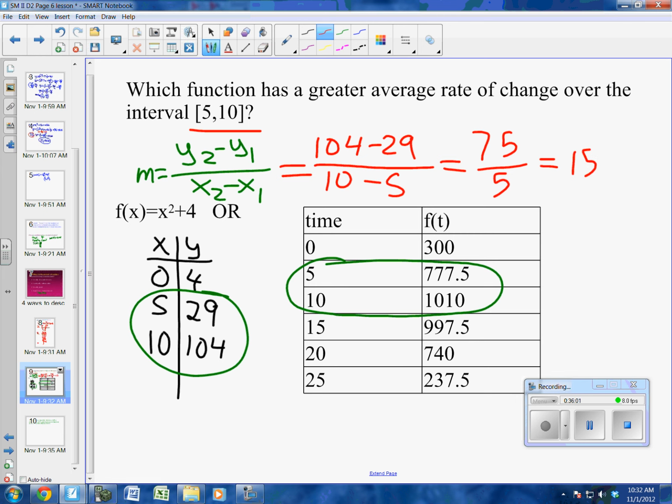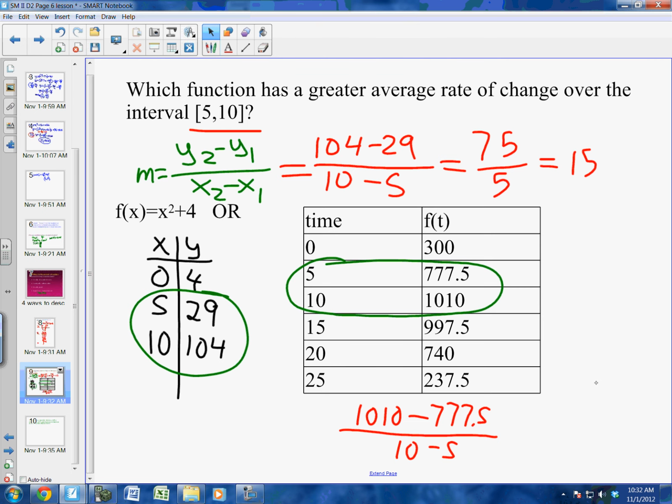Okay, let's check this one down here. We're going to need calculators for this one. y2 minus y1. So 1,010 minus 777.5 over 10 minus 5. Someone get out your calculator.